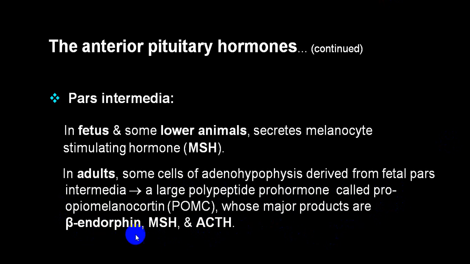So these are the three hormones which can be manufactured by other types of cells derived from the fetal pars intermedia. Mainly it was secreting MSH, but sometimes it can also secrete pro-opiomelanocortin, and that will give rise to endorphin, MSH, and ACTH.